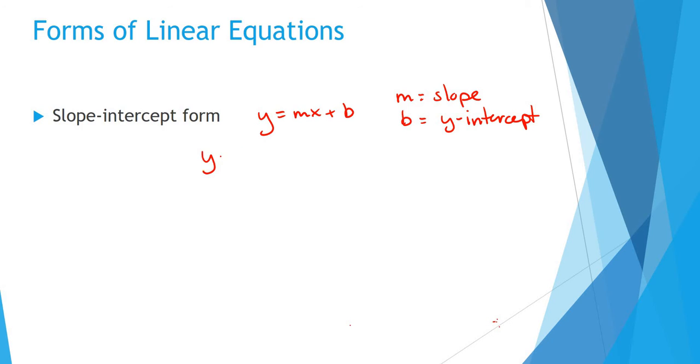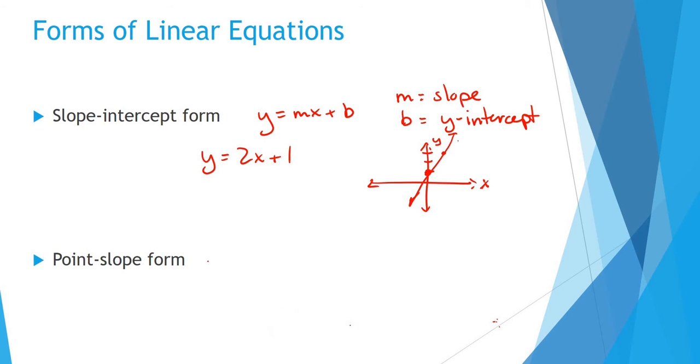So you're used to seeing something like y equals 2x plus 1, where 1 is the y-intercept. We go up on the y-axis, and then counting a slope of 2 would be up 2 and to the right 1. And that's how we graph this.